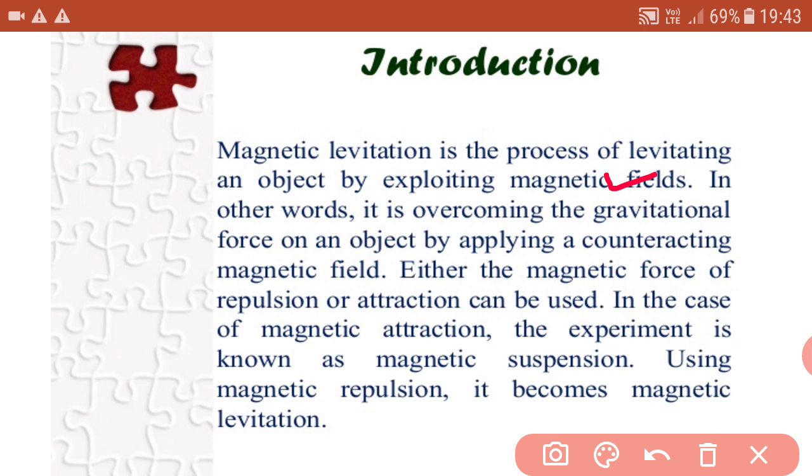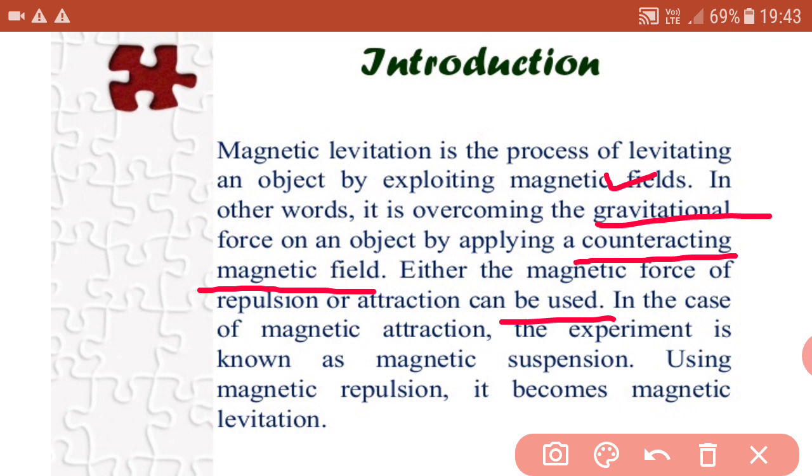In other words, it is overcoming the gravitational force on an object by applying a counteracting magnetic field. So we can say that gravitational force will be overcome and we are using a counteracting magnetic field. So either the magnetic force of repulsion or attraction can be used.